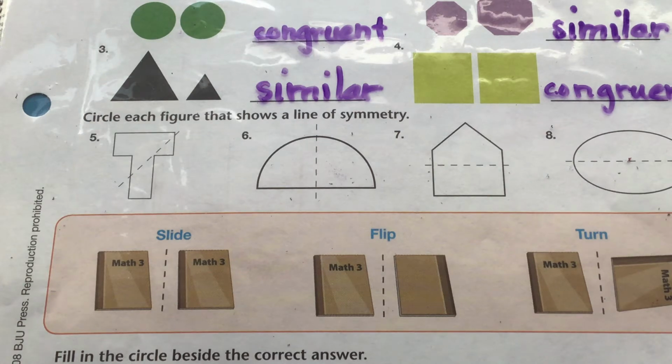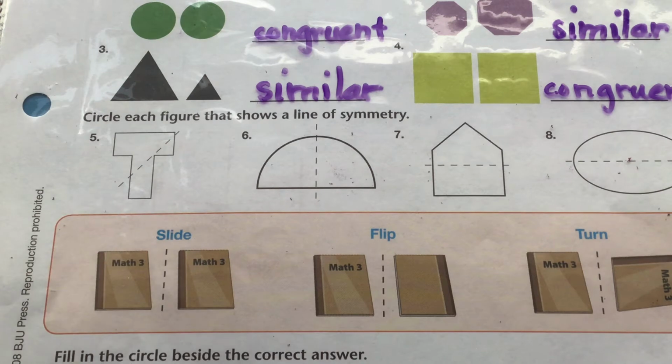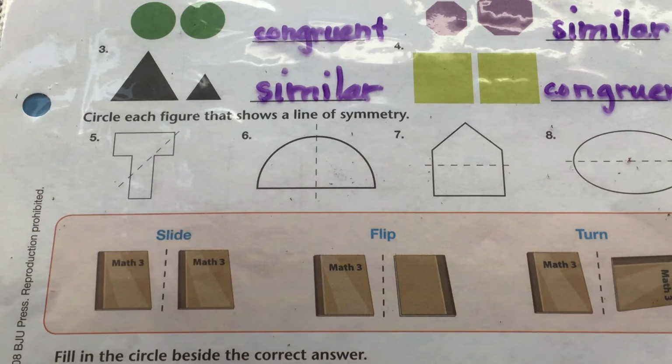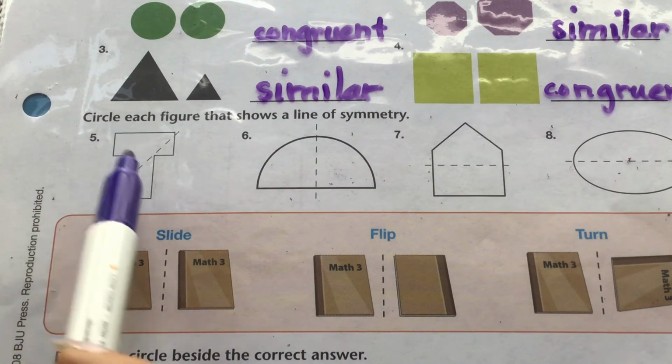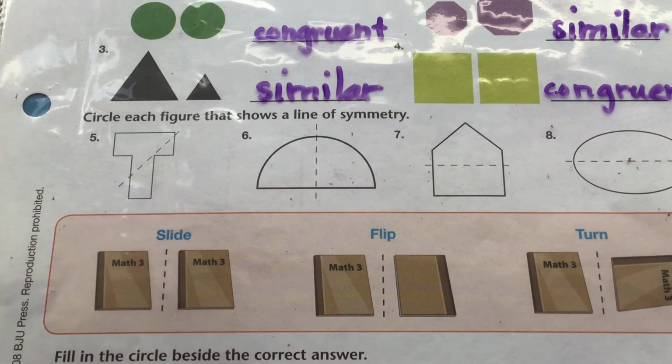We look at number 5, okay? And it looks kind of like a capital T, doesn't it? They want to know if the dotted line here that goes diagonal across, if I was to fold the T, would this part, when I fold it down to here, would it match up exactly with this part? Right?